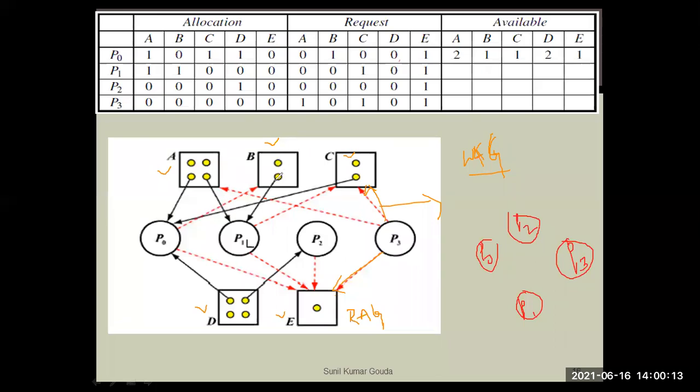No problem, no dependency. Now if it wants E, E is not occupied by any of these. So there will be no dependency, that means there will be no edge from P0 to any of these. Similarly for P1, there will be no edge either. So only P2 will have no edge, no dependency.